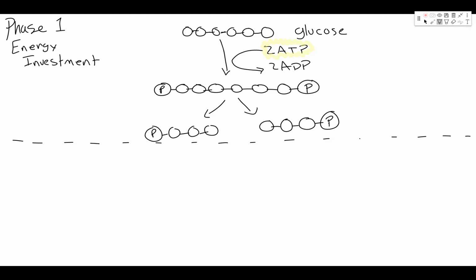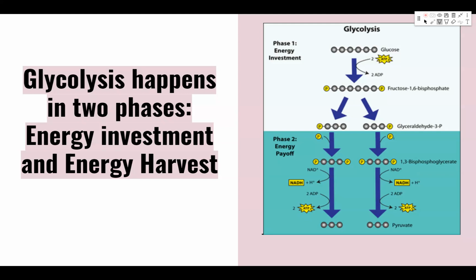Doing okay so far? All right. Phase 2 is the payoff. Phase 2 is energy harvest. What we're going to do, going backwards again, is add more inorganic phosphates, not necessarily from ATP, to get yet another intermediate.